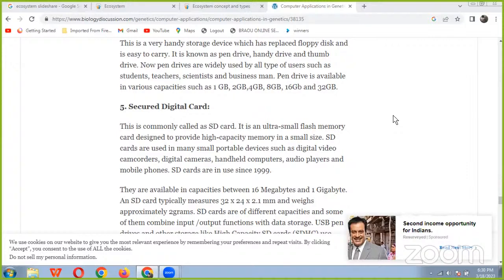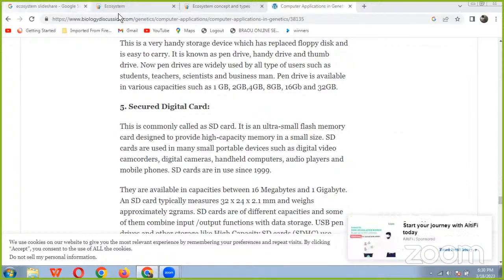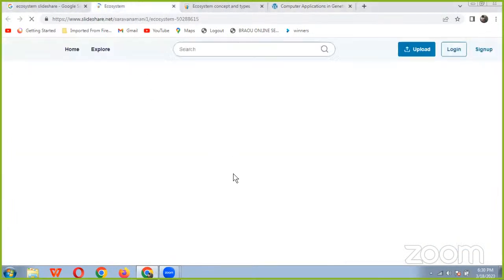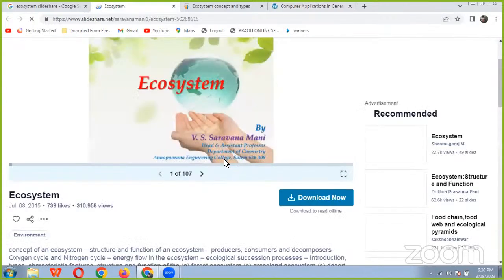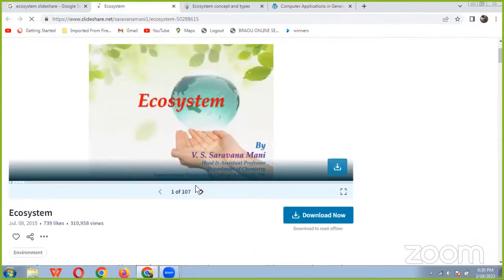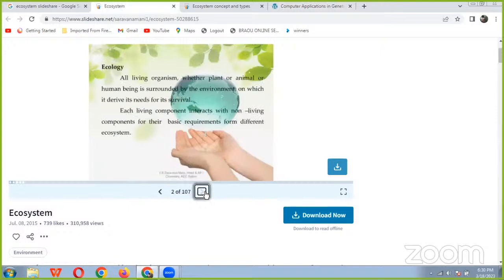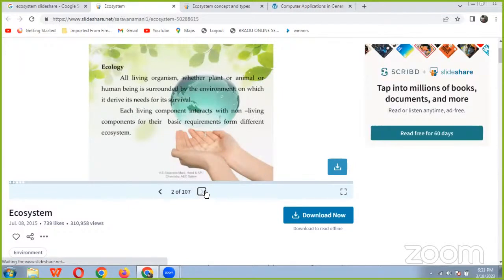Next one is plant ecology, ecosystem. Next one is ecology. What is the meaning of ecology?